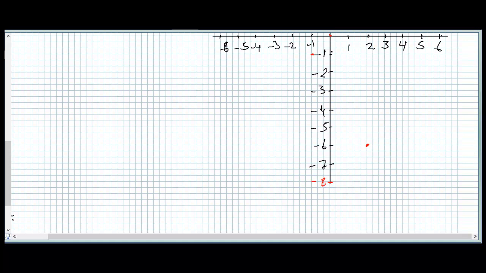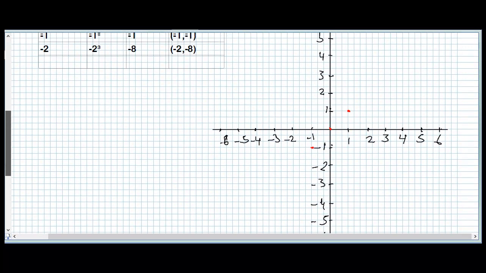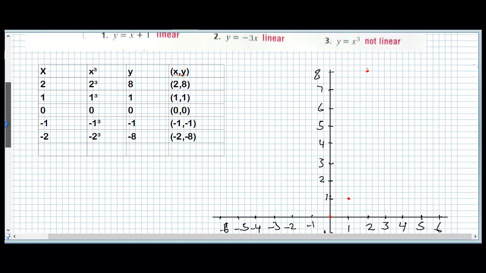So when it's time to connect the points, let's connect from this one to this one, okay.